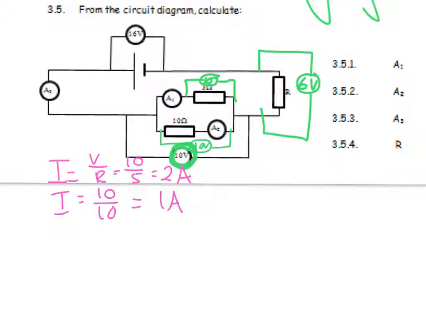Then I add these together. That's 1 amp, that's 2 amps. When they get together again on the circuit, that is 3 amps. So you add them together, 1 plus 2 equals 3 amps for ammeter 3.